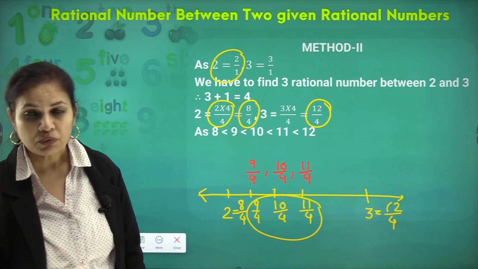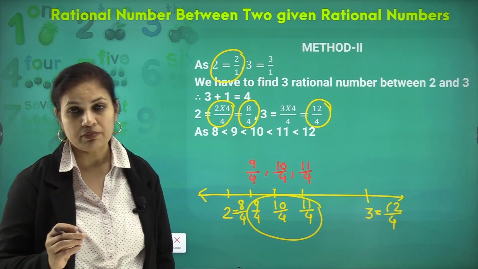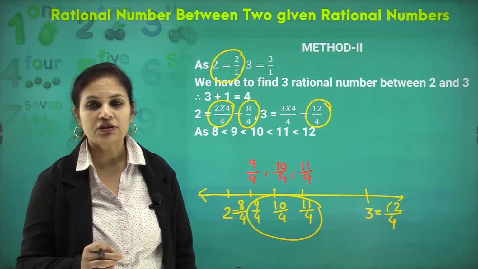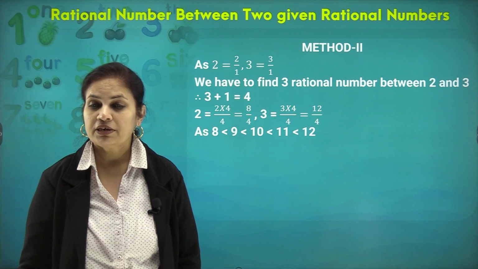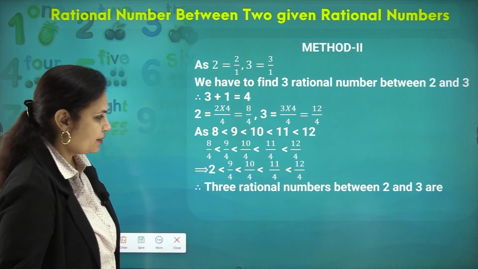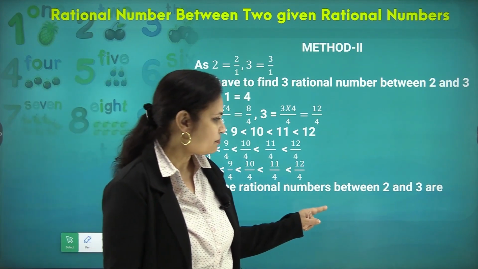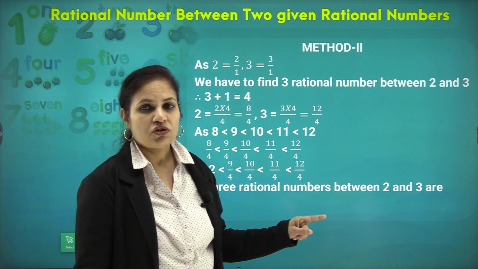So, basically what is the idea? The idea is just to convert the denominator. And how do we convert the denominator? We convert the denominator by making it 1 more than the required number of rational numbers. So, if 3 rational numbers have to be inserted, we make the denominator 4.